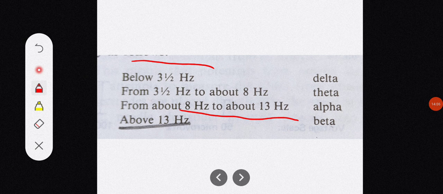Now, experiments in biofeedback have shown that under certain conditions people can learn to control their EEG patterns to some extent when information concerning their EEG is fed back to them, either visibly or audibly.